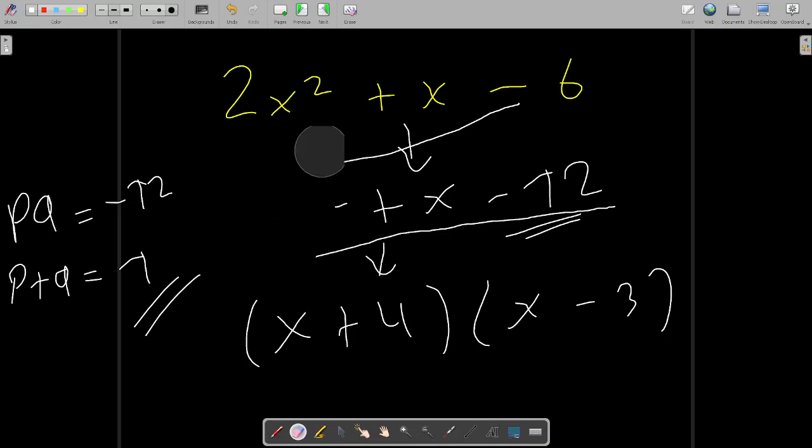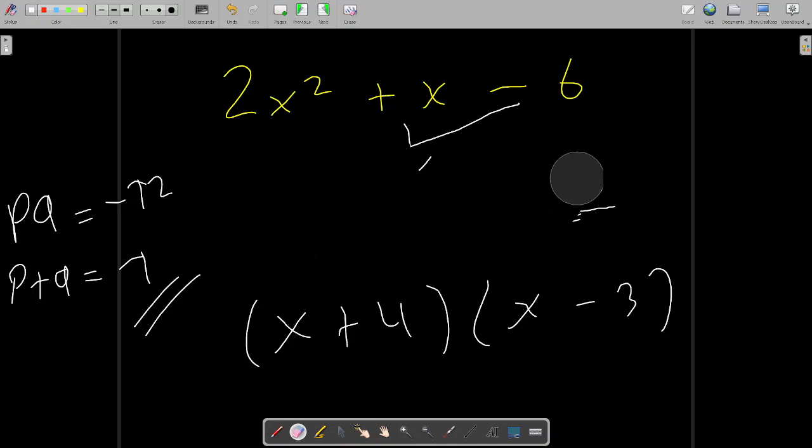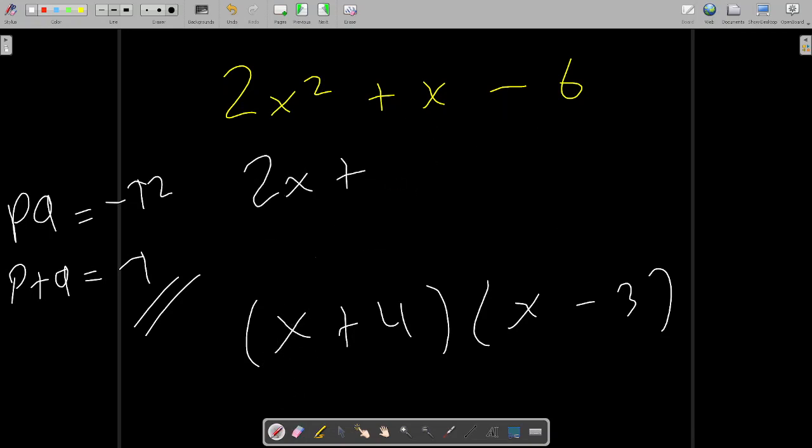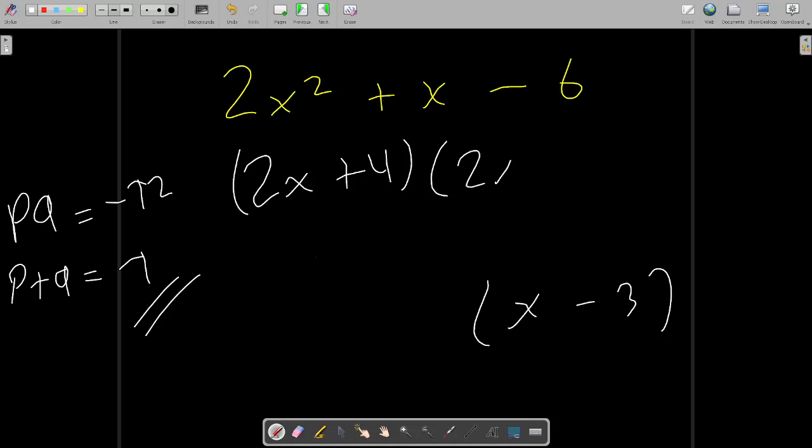Put down the a, which is 2, in front of the x's in the brackets. So here will be 2x plus 4, and here will be 2x minus 3.